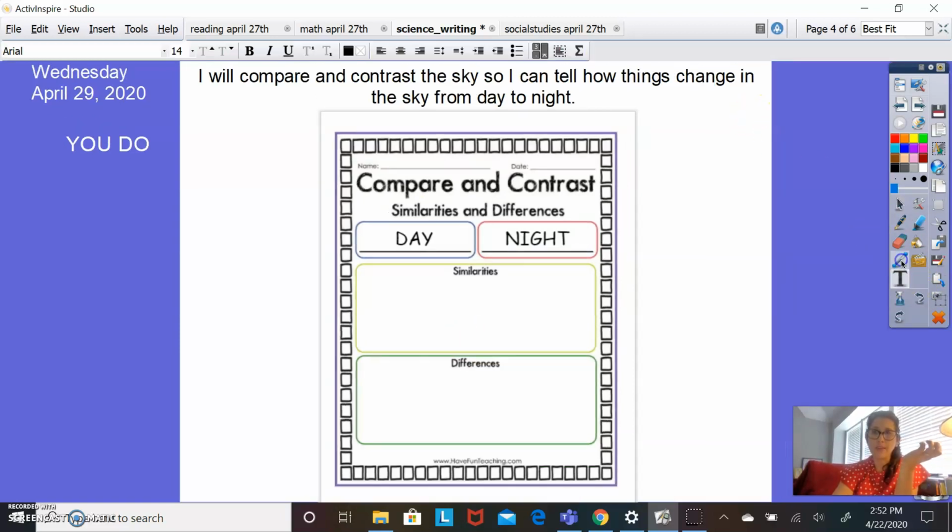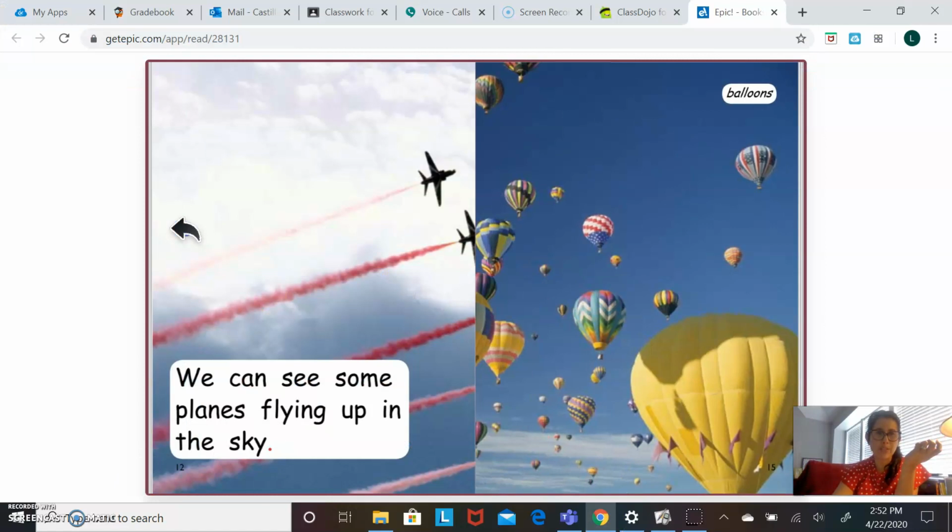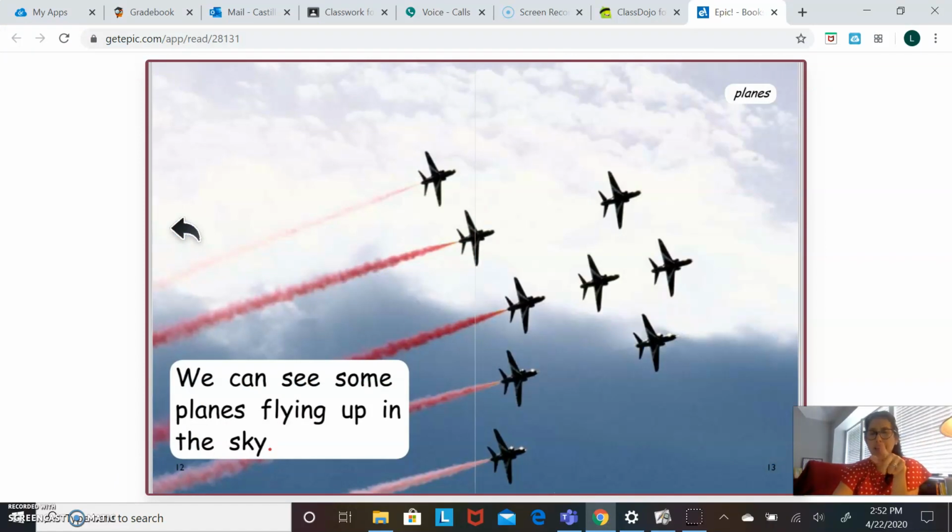If I go back to the book, I'm thinking about the part in the book where it talked about planes. I knew we see planes in the day sky. I remember in recess, Ethan, do you remember we see some of these planes and you tell me the names of the planes? That's pretty awesome. But I also know that I've seen planes at nighttime.